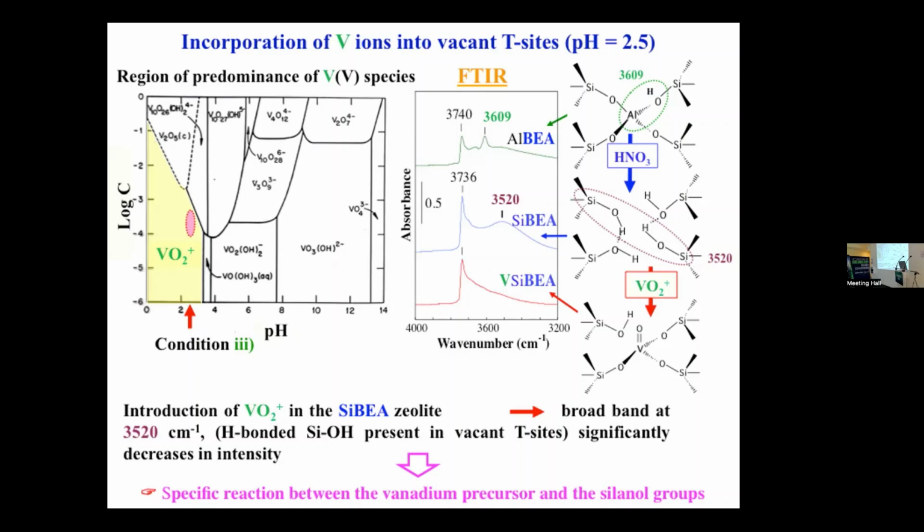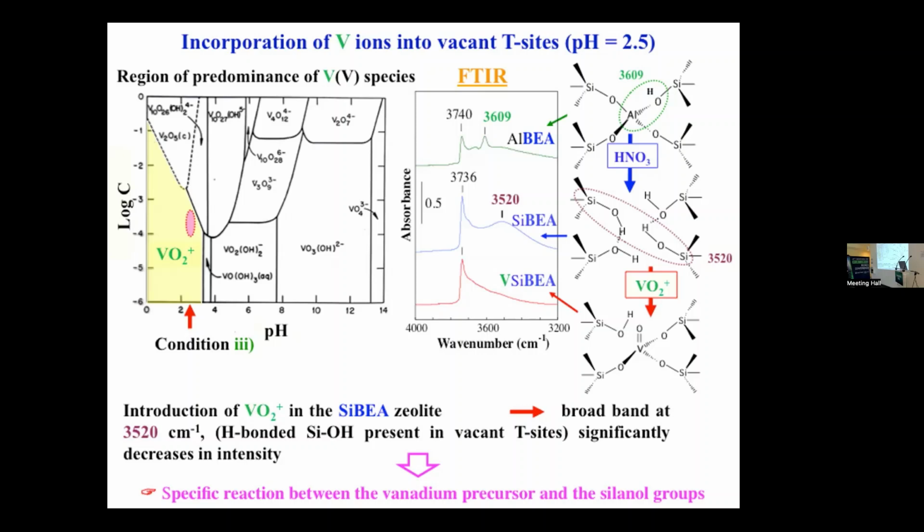So how to prove this? We observe by infrared spectroscopy, and for Al-beta zeolite we have a particular band. This band is characteristic of the presence of aluminum OH groups. And what happens when you remove aluminum?